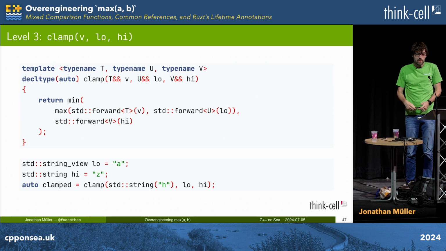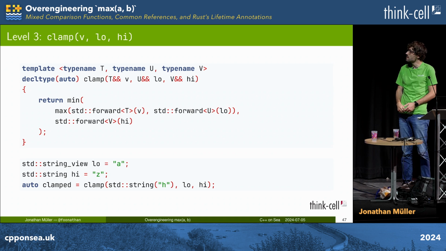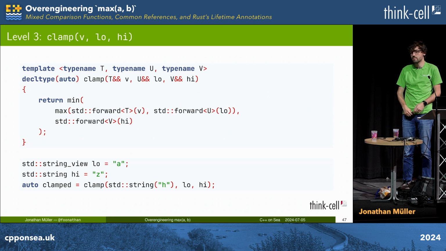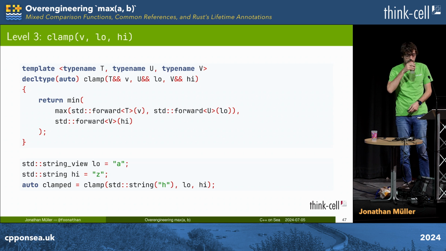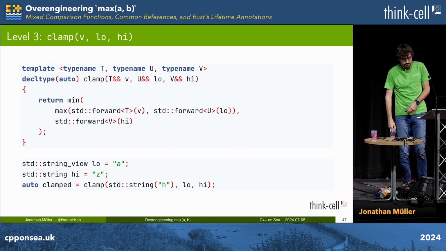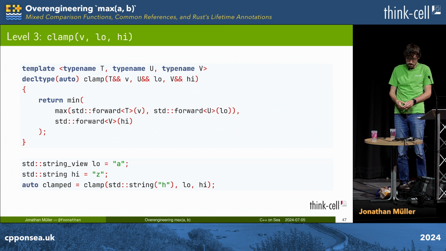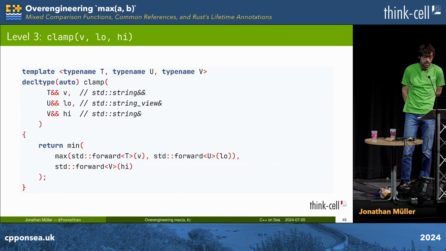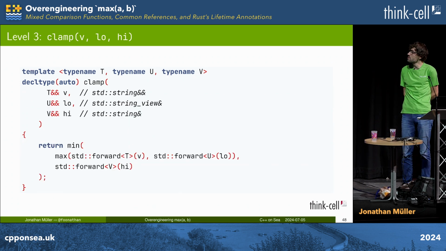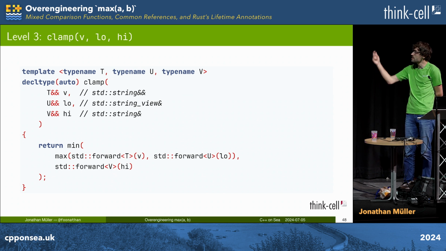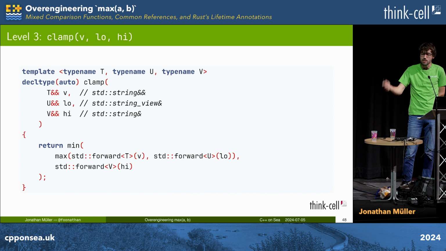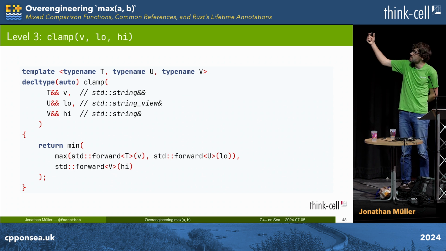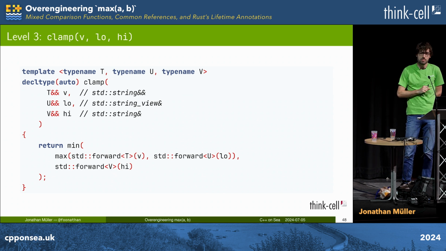The problem is, if you use one of them as a string view, then this code crashes. Which is a really subtle bug. So let's investigate what's going on here. We're calling clamp with a string rvalue reference, a string view lvalue reference, and a string lvalue reference. The first thing we do is compute the maximum between v and low. This computes the maximum between a string rvalue reference and a string view lvalue reference.